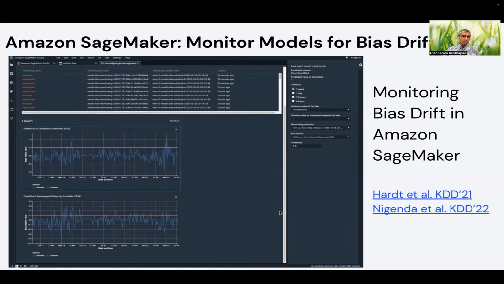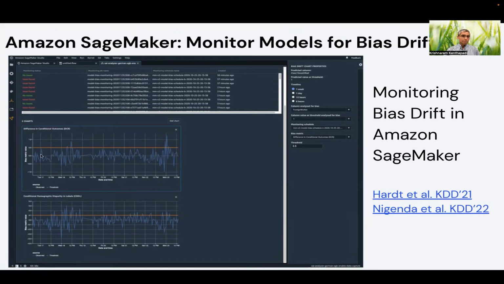Here, the model developer or the stakeholder has chosen two different bias metrics, difference in conditional outcomes and conditional demographic disparity in labels. And they have also set a threshold shown by the orange line here.